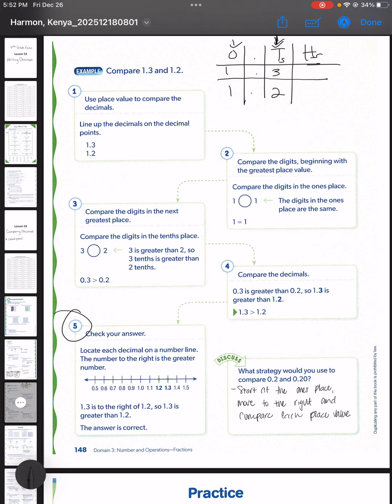This problem, if you look at step 5, is also giving students the chance to locate the numbers on a decimal line, on a number line, and compare the decimals that way. That's also an option for students. And then they can use that to determine what strategy they would use to compare 2/10 and 20/100.